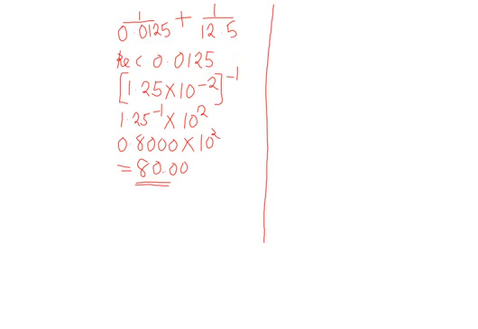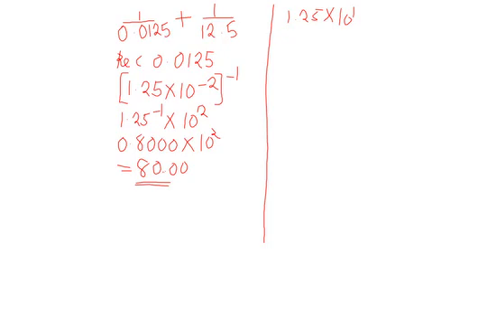Now we are also required to get the reciprocal of 12.5. Again we write it in standard form, which is 1.25 multiplied by 10 power 1, because the decimal point has moved to the left once.